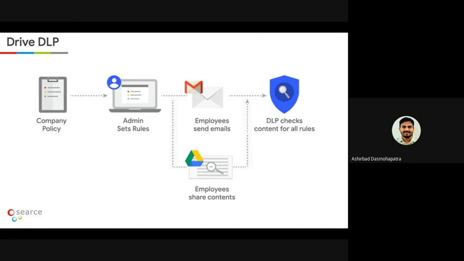You can set some rules in the admin console that basically help you. You can set a rule in the admin console where email or any drive data will be matched against that content. It will simply reject or alert. You can set it so admins get an alert, or you can select the reject rule also. So this kind of data cannot be shared outside. This is a new feature for Drive DLP, so you can manage the drive data also.